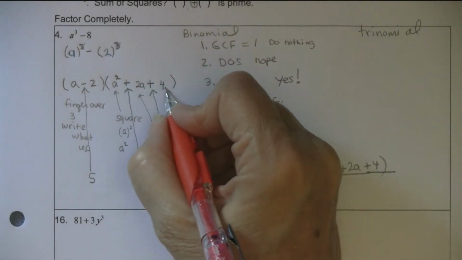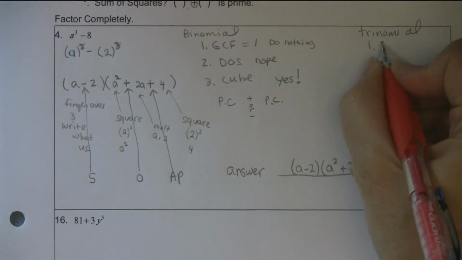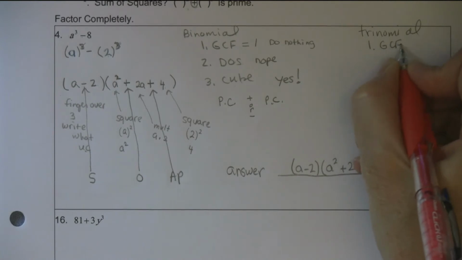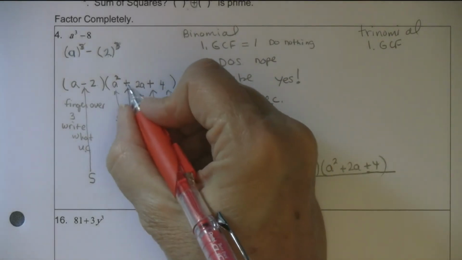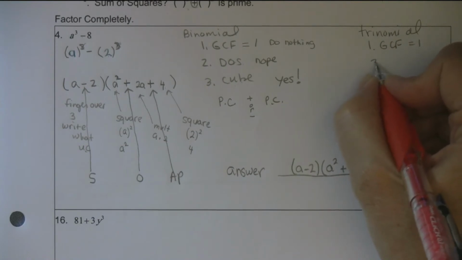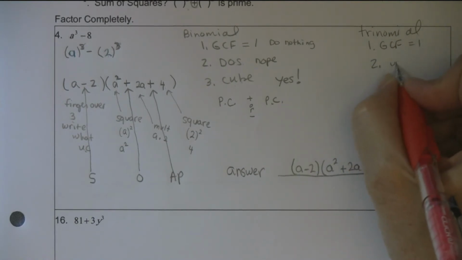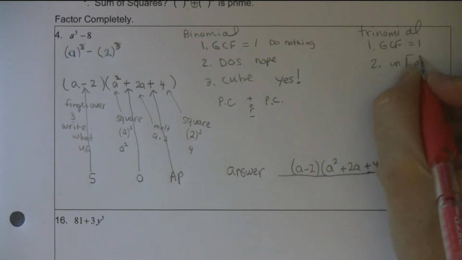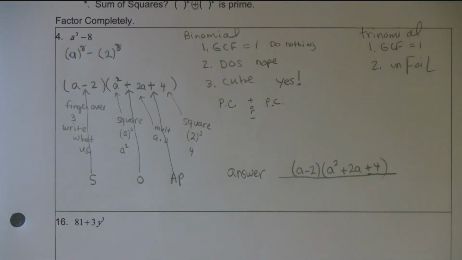Okay, on a trinomial, which is this guy, well, you have greatest common factor, which the greatest common factor here is 1. So you have to check it out. And the second thing you do is you unfoil, right? That's what you do on a trinomial to see if it will work. There's only one thing that will work on a trinomial.